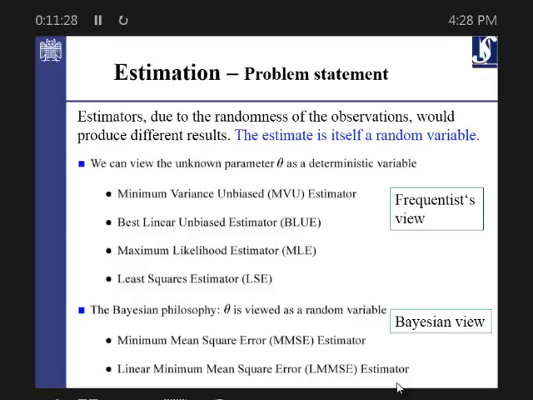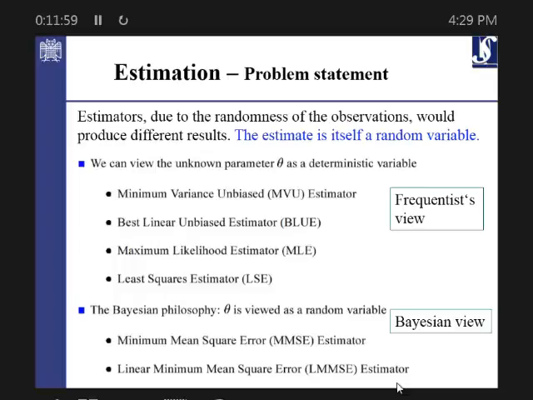The most prevalent one, which I have dropped one actually here, is the MMSE estimator, minimum mean square error estimator. It is pretty much the same as the least square estimator in the Bayesian view. So you can make an equivalence in your mind that the MMSE estimator is quite the same as LSE in the Bayesian view.